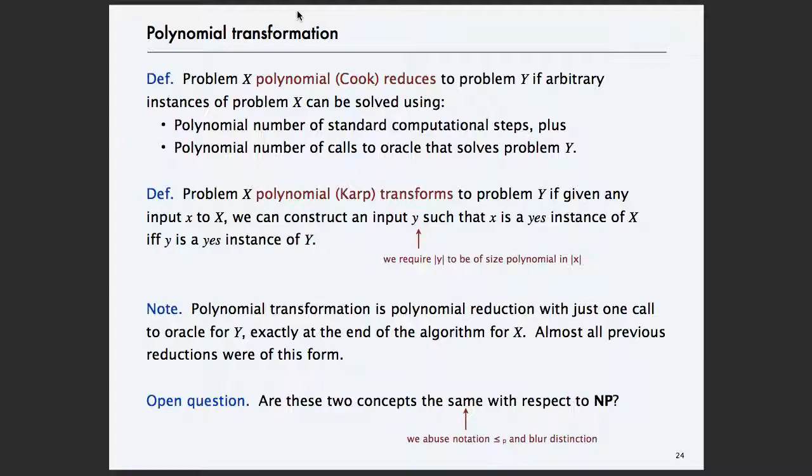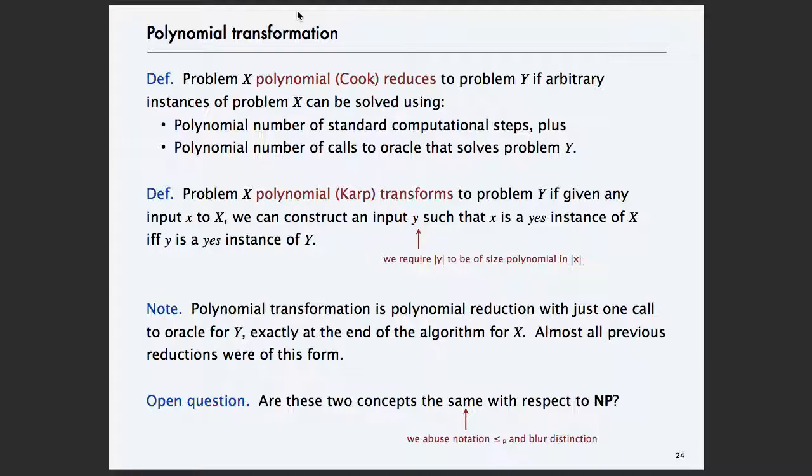a problem reduces to another problem if, with the Cook reduction, we can transform it and solve it with a polynomial number of calls to problem y.